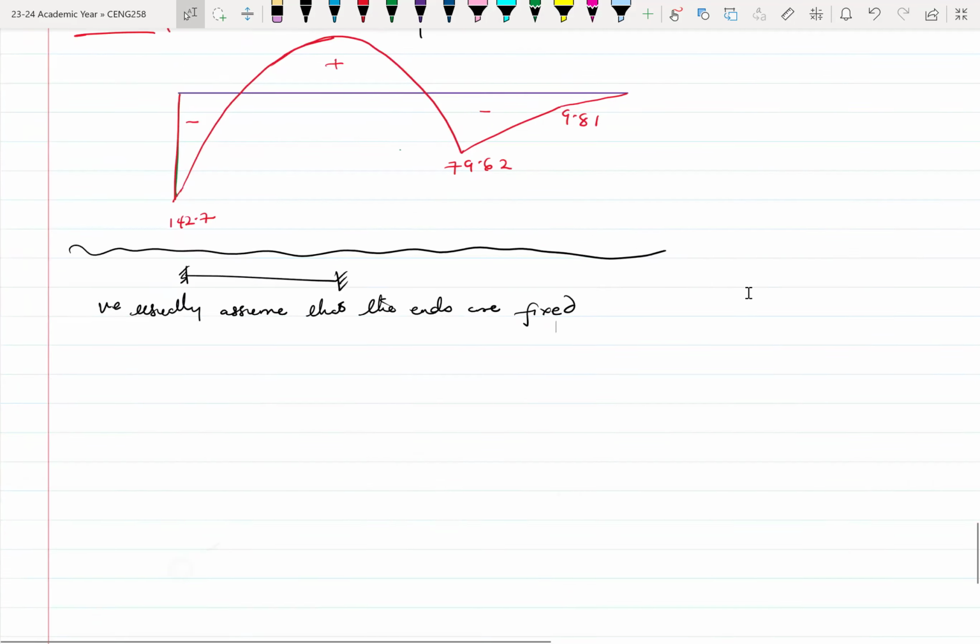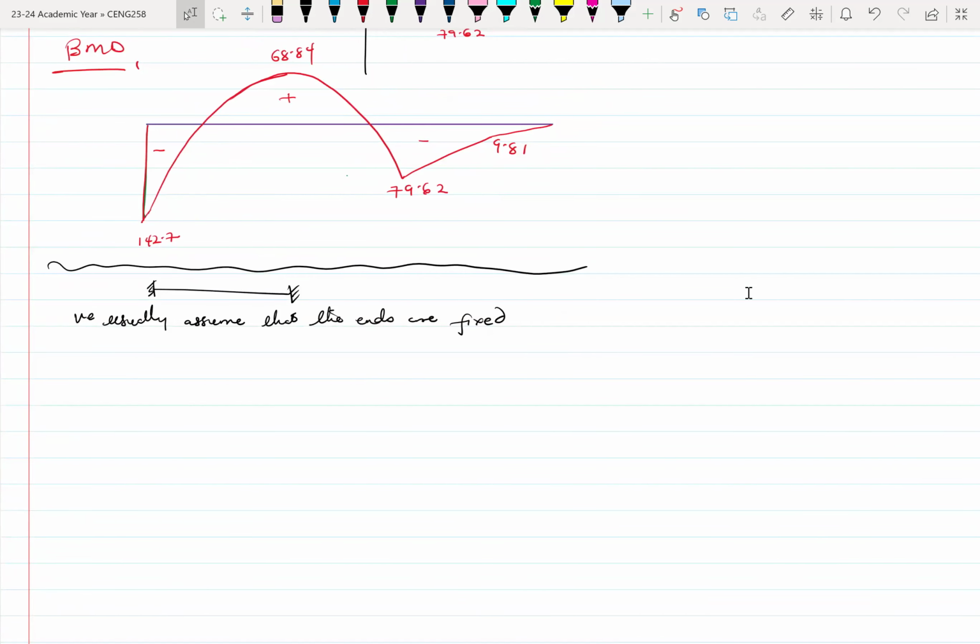Okay, so derive equations for the different supports. So typically we assume that for the support there will be these end moments that we need to find, all right? Even if the ends are pin, it doesn't matter which support system we have, we create the impression that we need to find these end moments, all right?